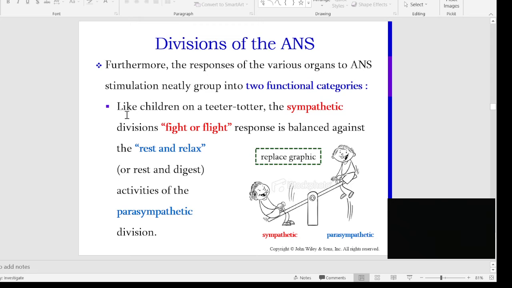So your sympathetic is excitatory, your parasympathetic is inhibitory. So let's take for example, your heart rate is high and you want it to normalize, which division of your body is utilized?